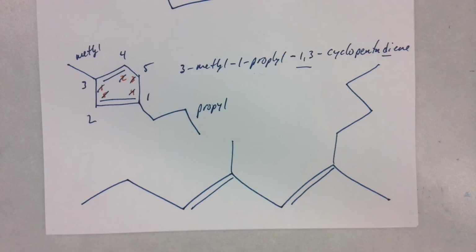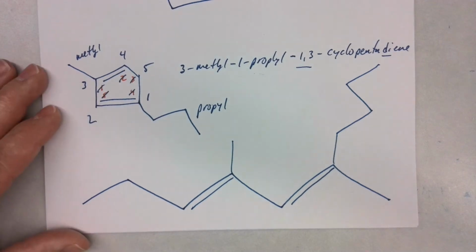And I want to make sure I'm going to have 2 branches and 2 double bonds, right? Now, because this isn't cyclical, I've just got to start at one end or the other end, right? But I still want to try and have my sum of my numbers be the what? The smallest possible, right?